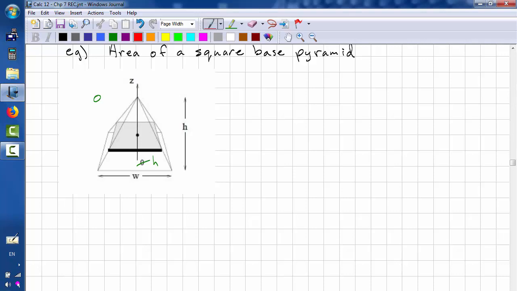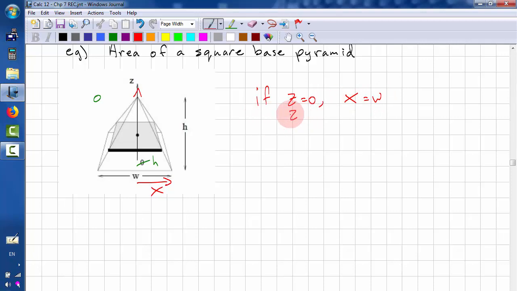This next one is more difficult because some of you won't know how to set up your x function. So this is our x, and this is our z going this way, and 0 is down here. If z equals 0, our width is w.